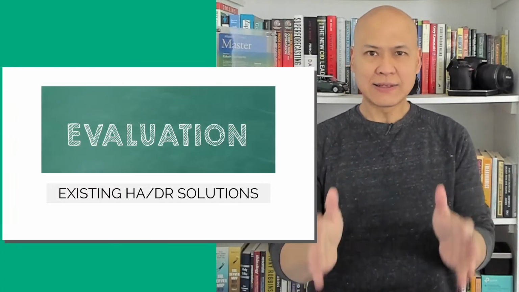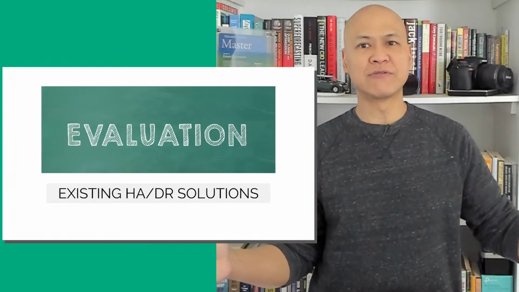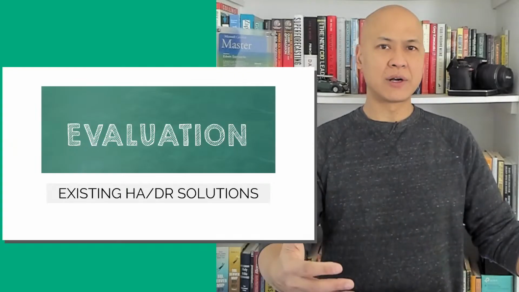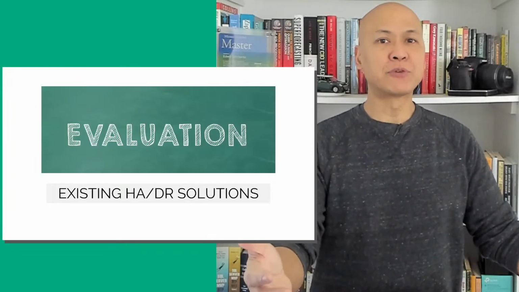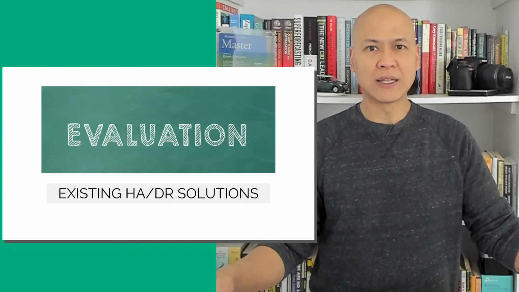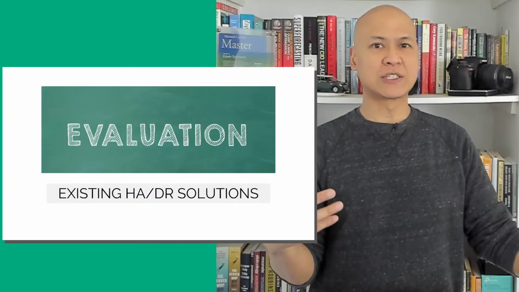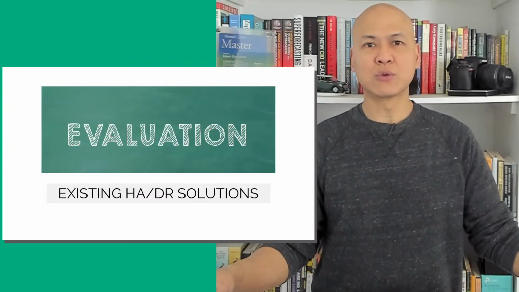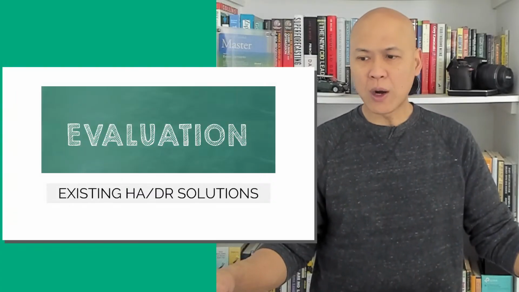This episode is not meant to be a comprehensive dive, but just to give you ideas on what other options, what other alternatives you can look at, ideas to explore whether or not your existing high availability and/or disaster recovery solutions still meet your business requirements.